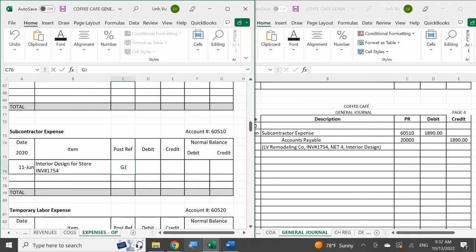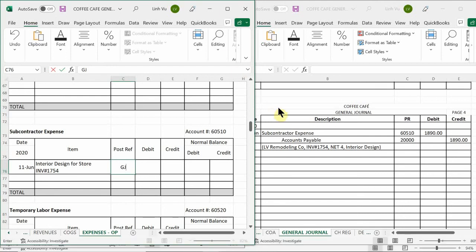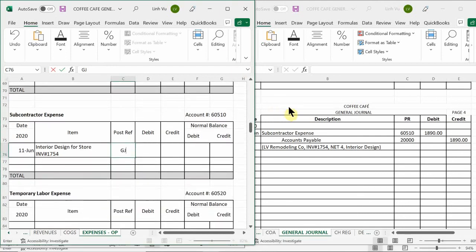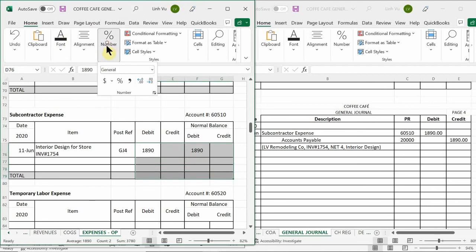Okay. Journal, where we just left our other one. We just finished our 3rd journal, so we are on the 4th journal now. We're gonna debit my expense for $1,890.